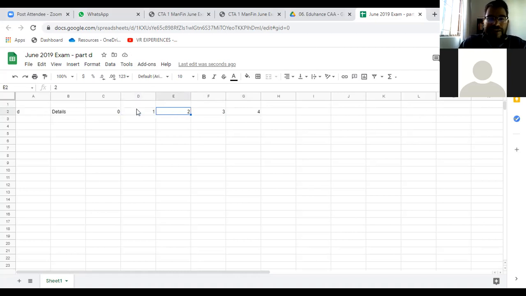Year 2 represents the end of year 2, year 3 the end of year 3, year 4 the end of year 4 in terms of cash flows. So when a cash flow happens at the beginning of year 3, you can't put it into year 3, because year 3 represents cash flows at the end of the year.